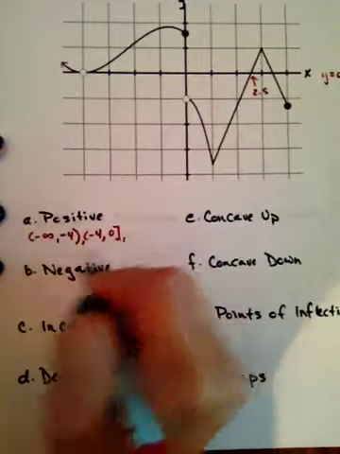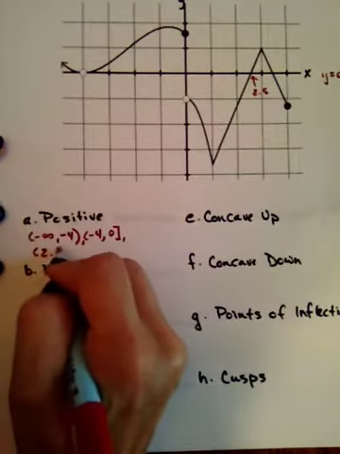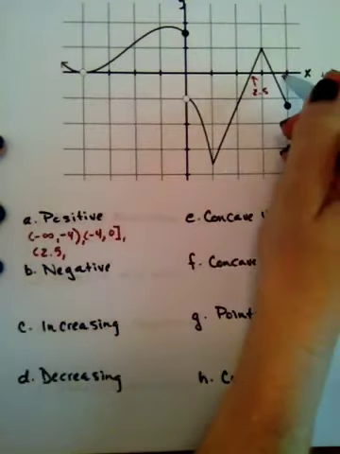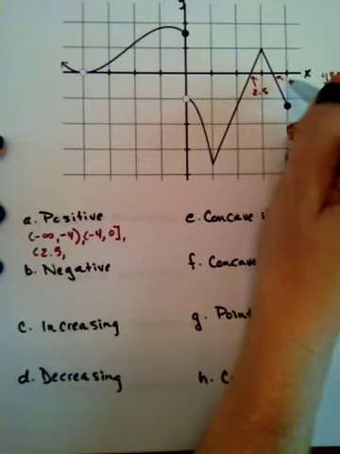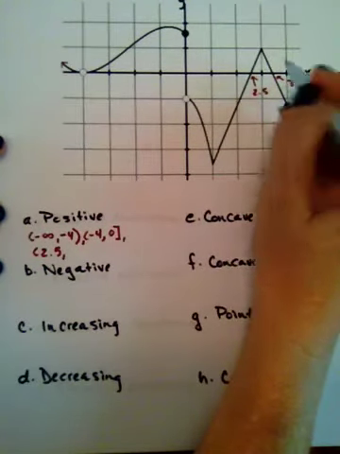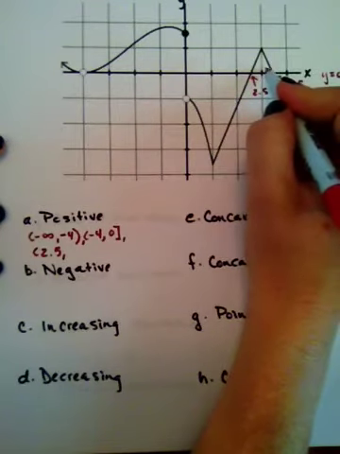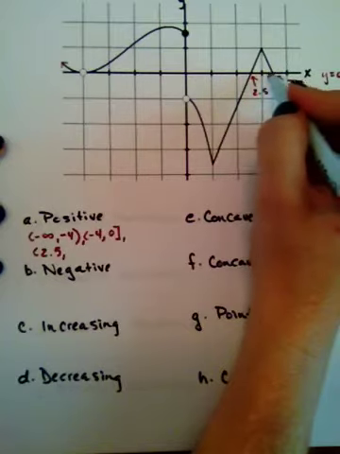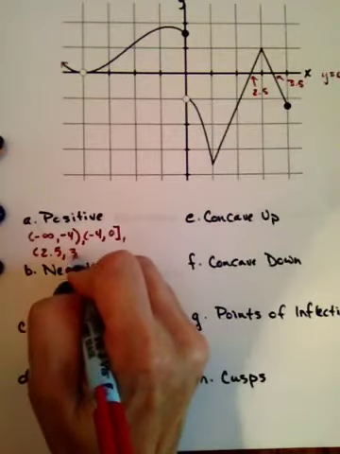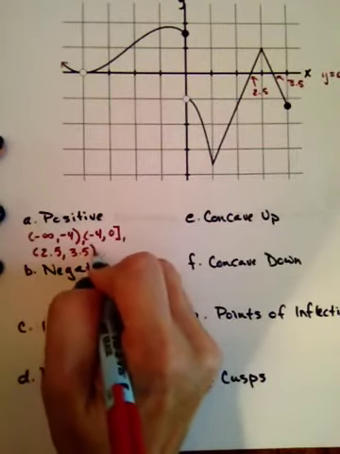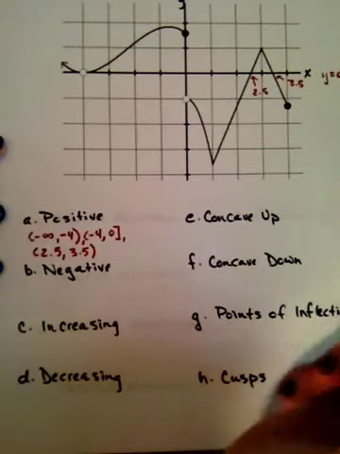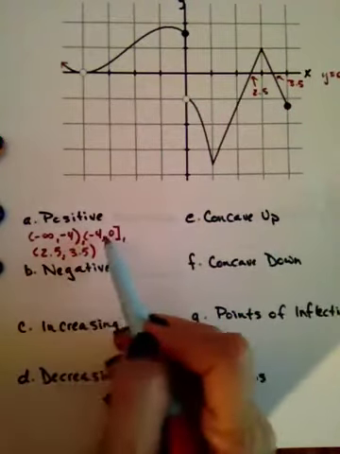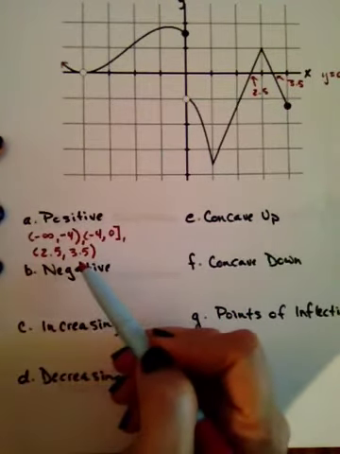So I'm going to use a parenthesis for 2.5, comma, and then out here I'm going to assume that this is 3.5. So the graph is above the x-axis from 2.5 to 3.5, but not including either of those points. So we have a parenthesis. And then the graph is negative again. So there are 1, 2, 3 intervals where this graph is positive.